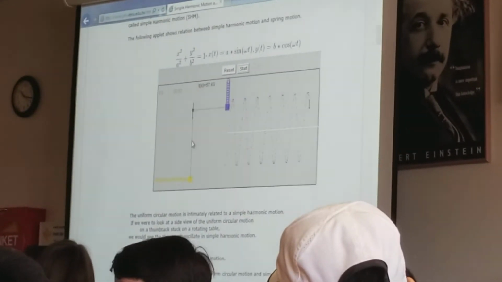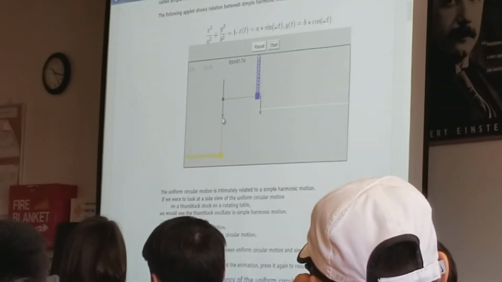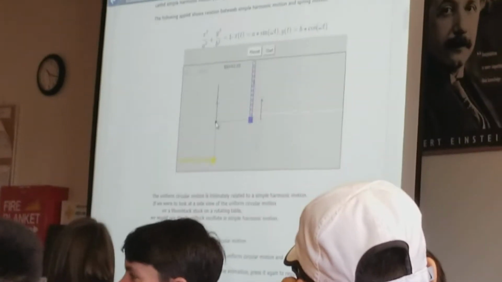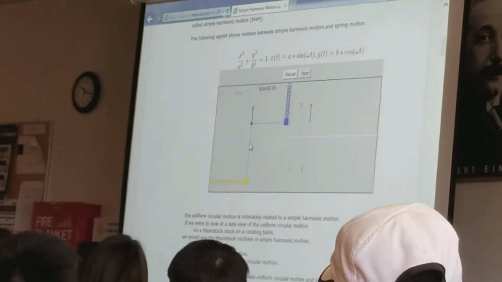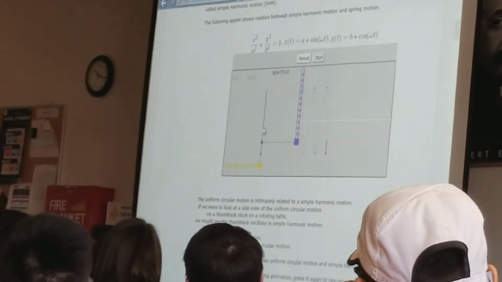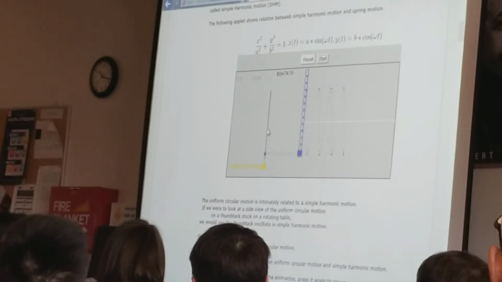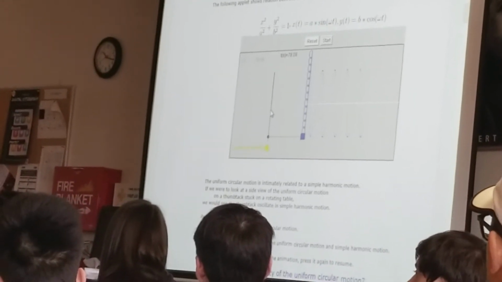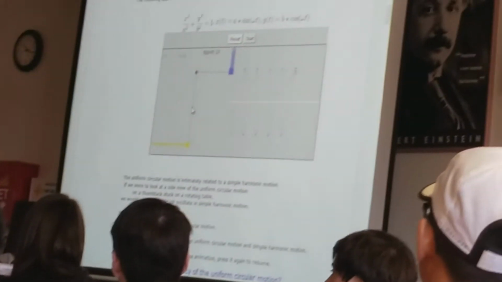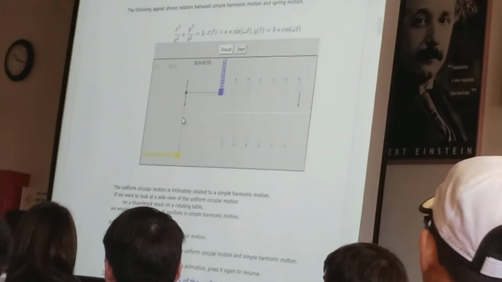Now look and see how that compares with the motion of the vertical oscillator. It only cares about the vertical motion. It's exactly the same thing. The vertical oscillations are exactly the same as the vertical component of rotational motion.